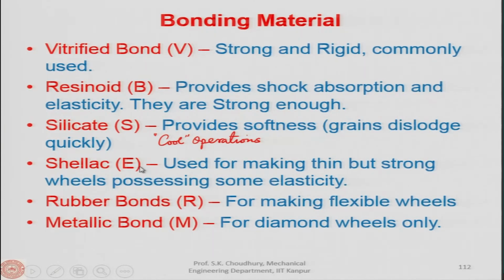So, these are in sequence: first a letter of the alphabet, then a number, then a letter, and so on. The performance of the grinding wheel is given by this designation. So, when we are purchasing the grinding wheel, we have to mention this sequence of parameters.